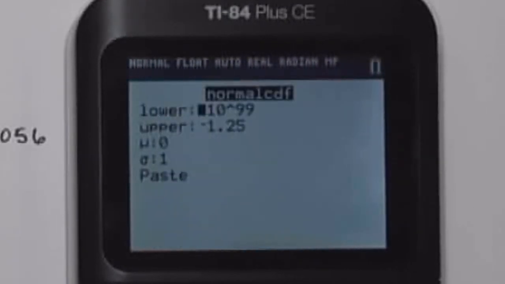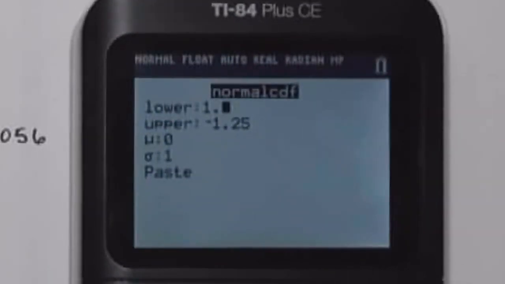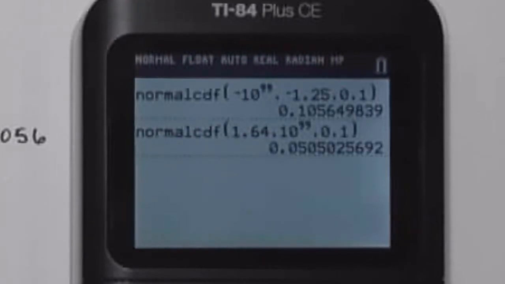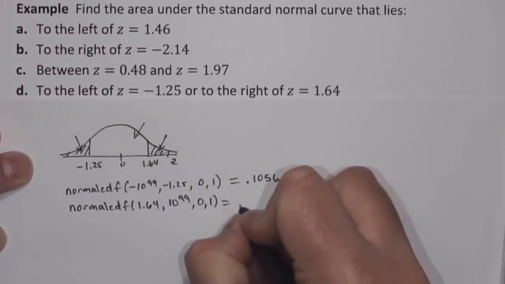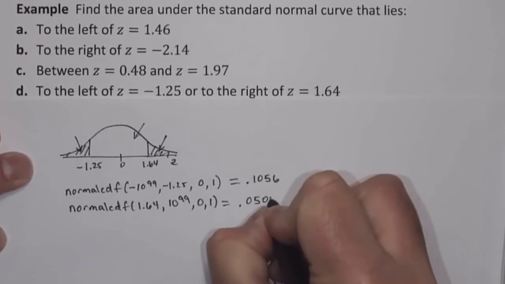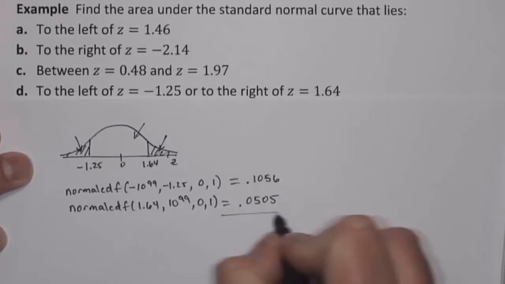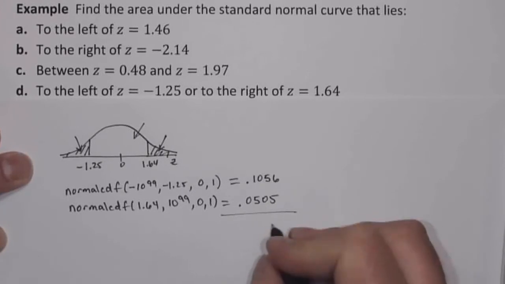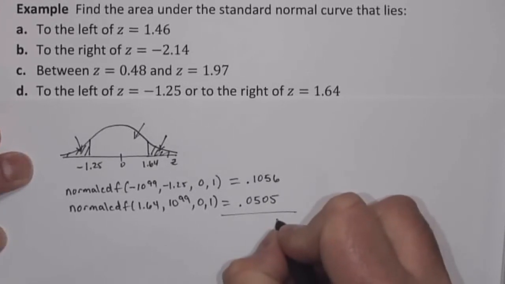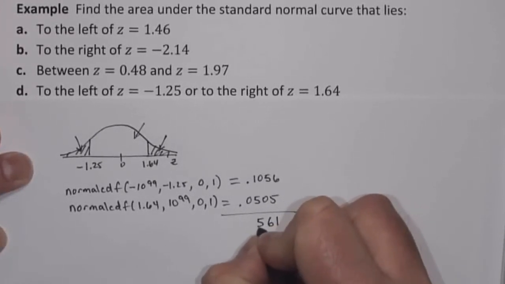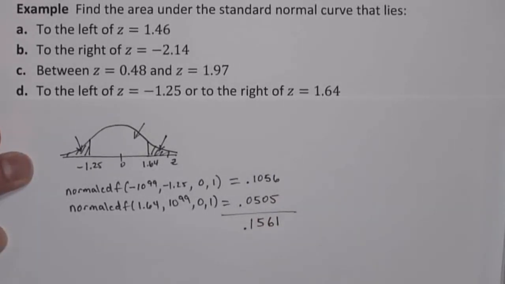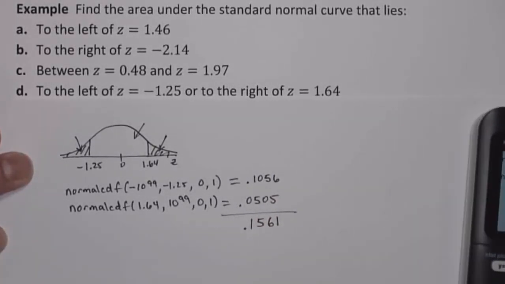So we're going 1.64 to a big positive number. And so that is 0.0505. And if we add those two things together, we're going to get 0.1561 for the area. Okay?